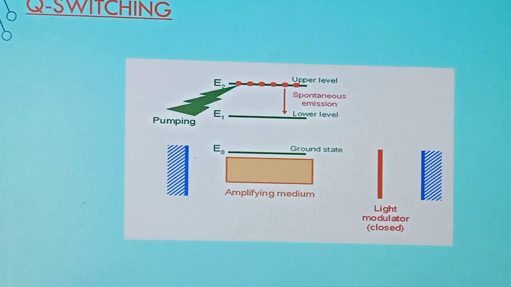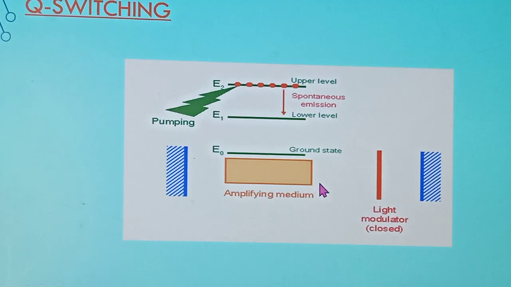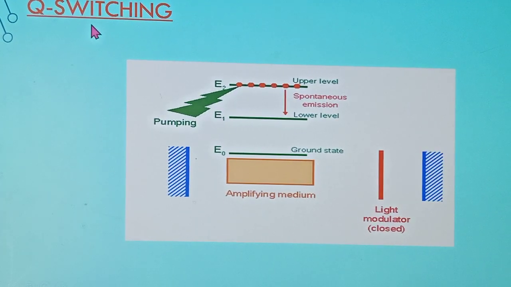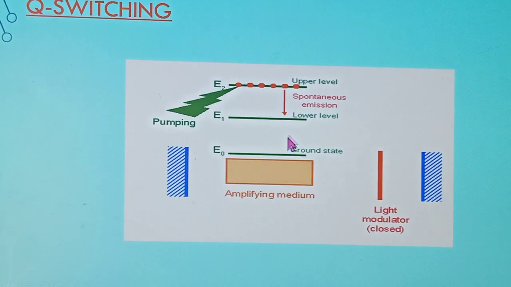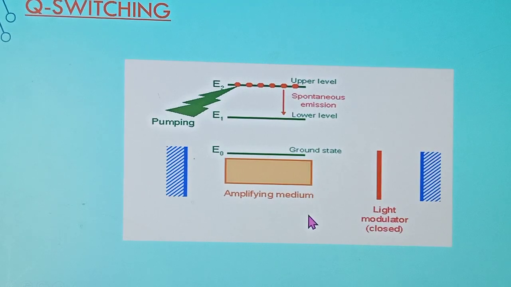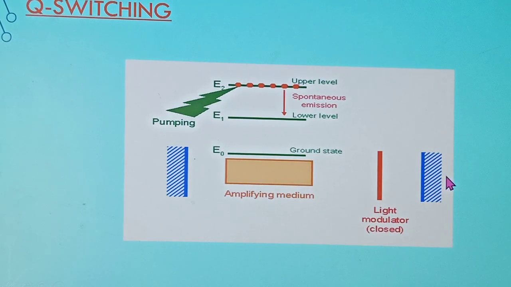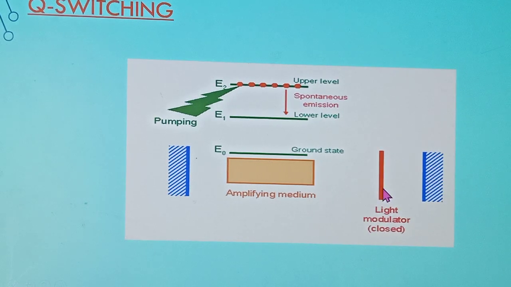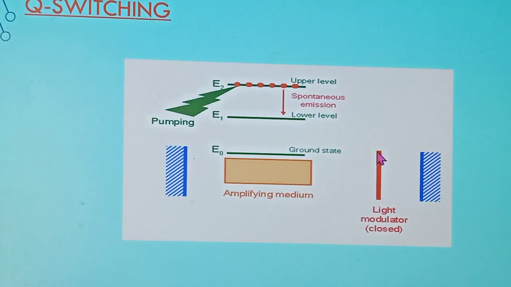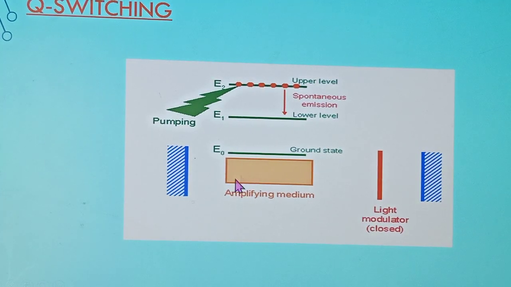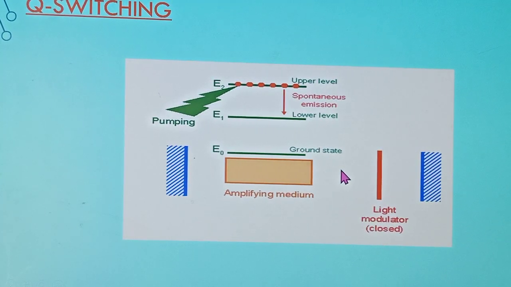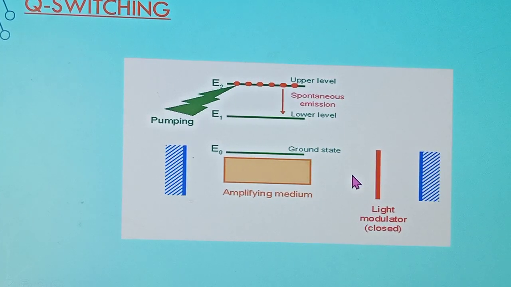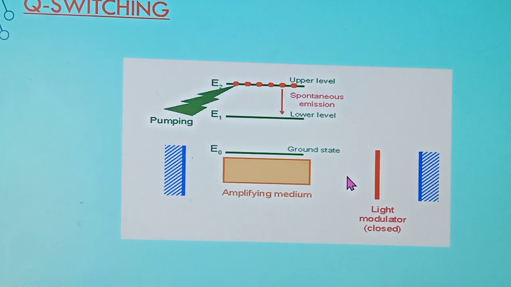Now in this representation we can very clearly explain what is meant by Q switching. In Q switching, there is a high reflecting mirror, this is an end exit mirror, and you have a modulator over there. When we close the modulator, the loss is increased. Therefore when there is a high loss, Q is low.